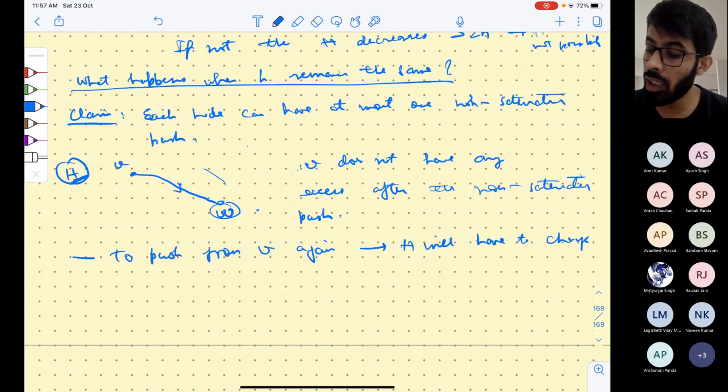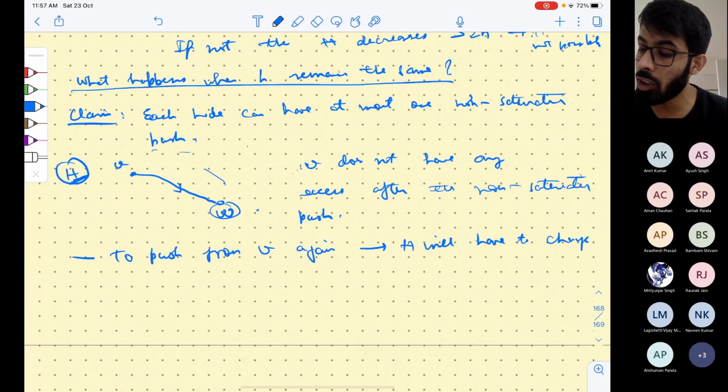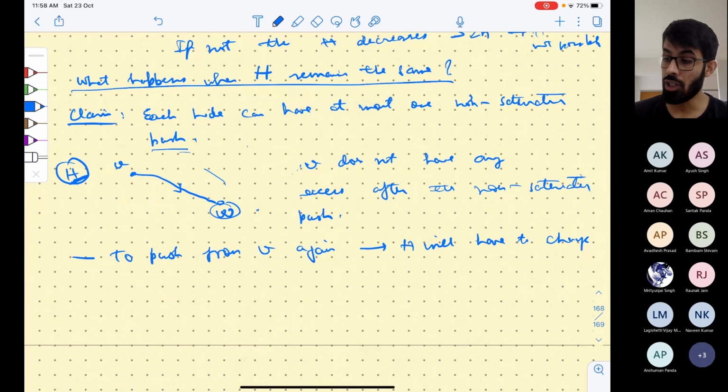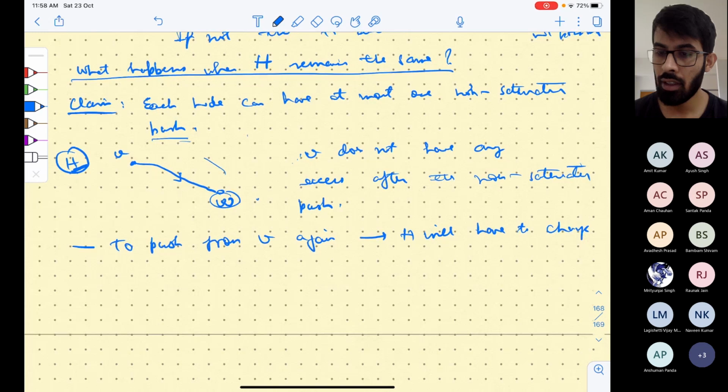So that's what we wanted to say, that each node can have at most one non-saturating push when capital H remains constant. So h will have to change. So that means if h remains constant, we can have just one push from each of the vertices.